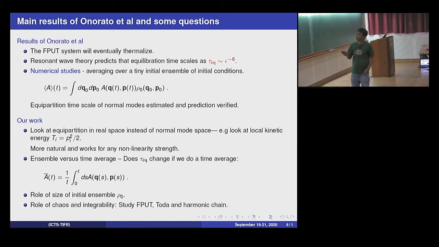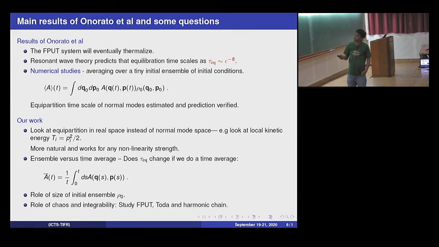In this paper, they do an average over a set of initial conditions: the initial conditions are on this energy surface of this 32 into 2 dimensional phase space, but you take a tiny blob on this phase space initially, and then you let all those points evolve and do an average over that initial blob.